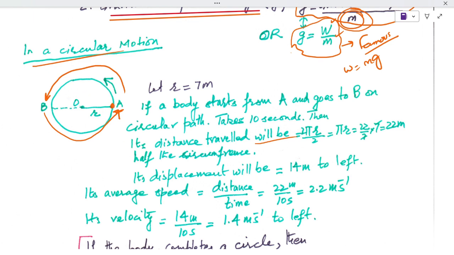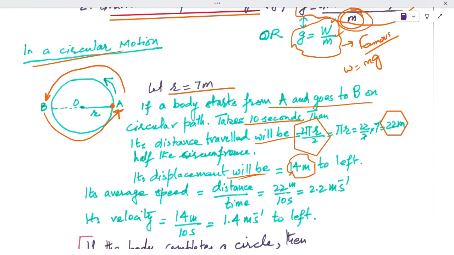For example, I have written that if the radius of this circle is 7 meter, then if a body starts from A and goes to B on circular path, takes 10 seconds, let's say, then its distance covered will be 2 pi r divided by 2, which works out to be 22 meter, and its displacement will be to the left only 14 meter from A to B.